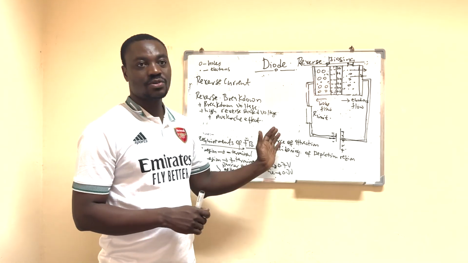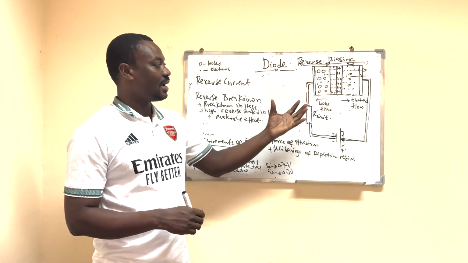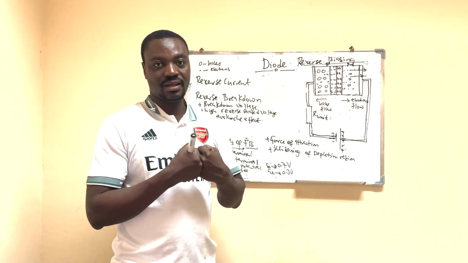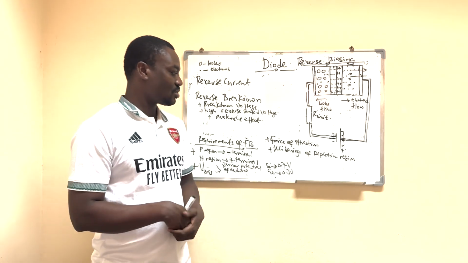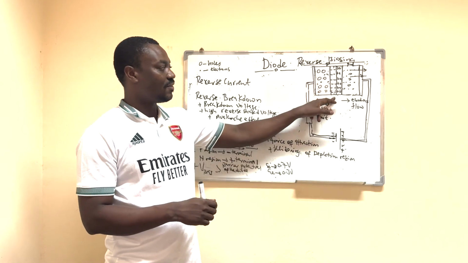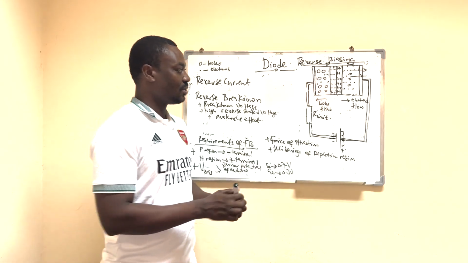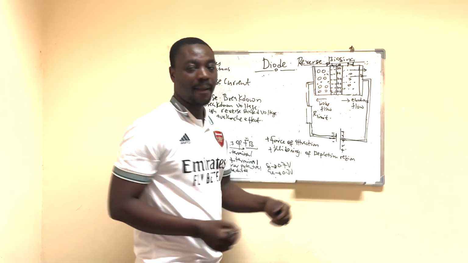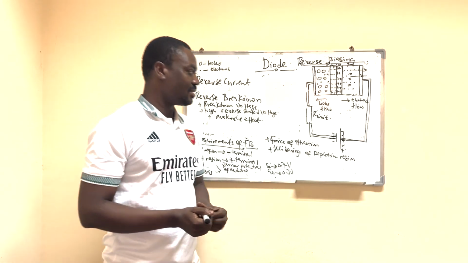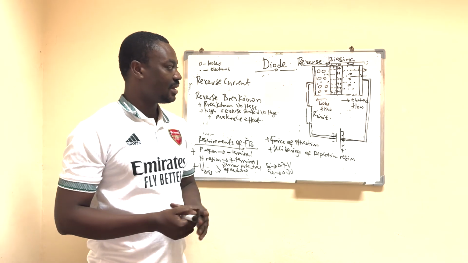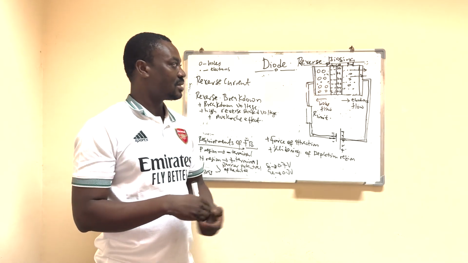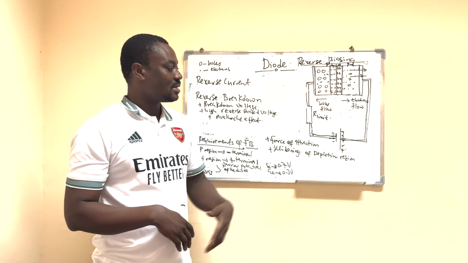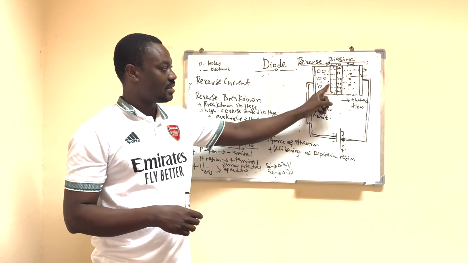Based on Coulomb's law, you know that if we have two unlike charges, they attract each other. As a result, this leads to the widening of the depletion region. So here is the depletion region. As it widens, that prevents electrons from crossing the p-n junction so that they can come to the positive terminal.